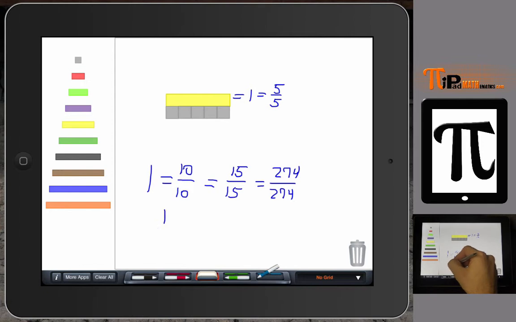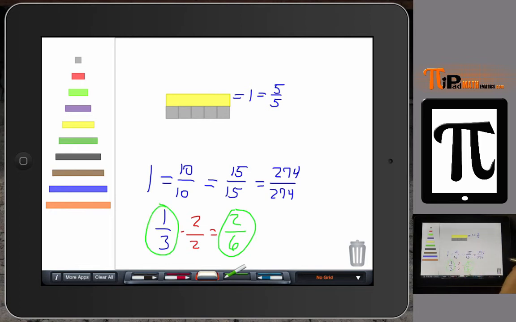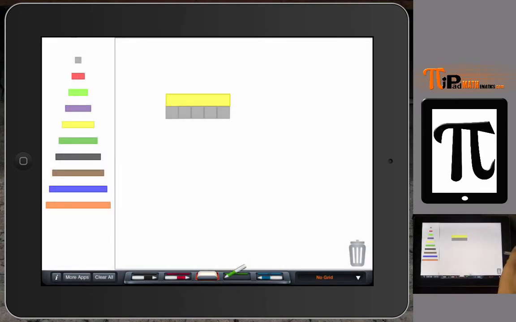You can take 1/3 and multiply it by the scale factor of 2, which would be 2 divided by 2, or that 1 concept, and that's going to equal 2/6. So 1/3 is going to equal 2/6. That is an equivalent fraction because of the multiplication of the scale factor of 2 divided by 2, or the scale factor of 2. That's the procedure.